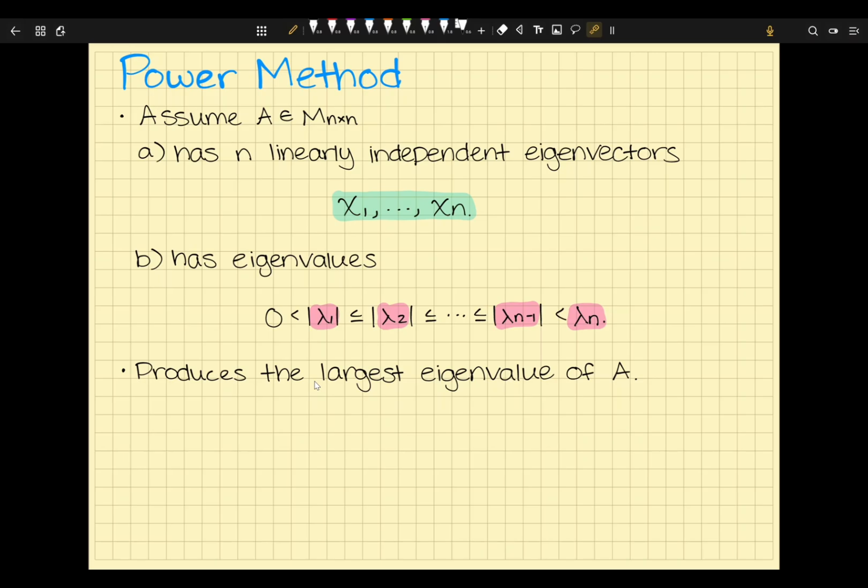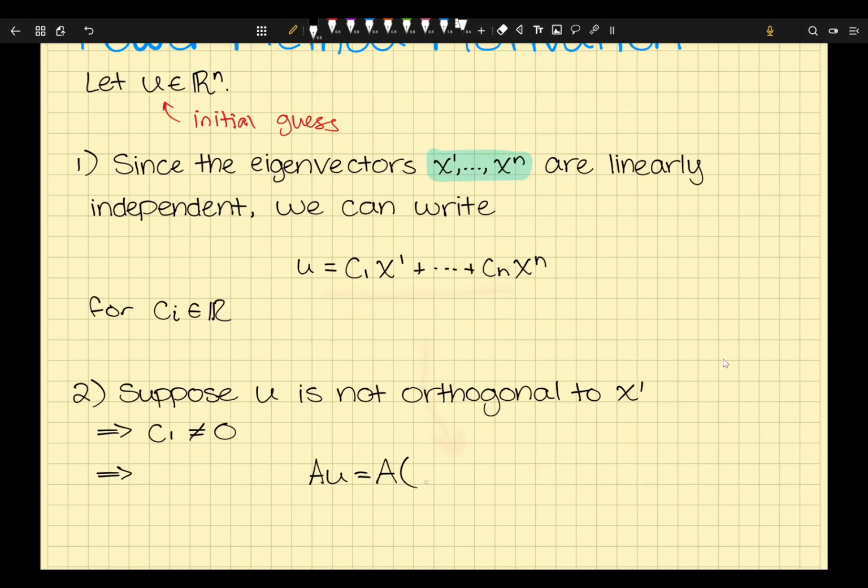So u is going to be some linear combination of these vectors, where the c's are scalars. Then we're going to suppose that u is not orthogonal to x1. It's not exactly clear yet why we need this, so let me keep going. We've written u as this linear combination, and now we multiply u by A, substituting in what we have up here for u.